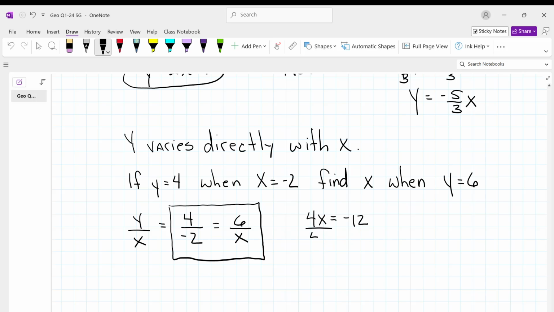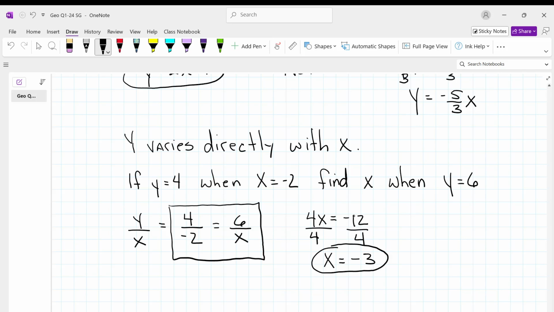Divide each side by 4, and our x is going to be equal to negative 3. So if y equals 4 when x equals negative 2, x is equal to negative 3 when y is equal to 6.